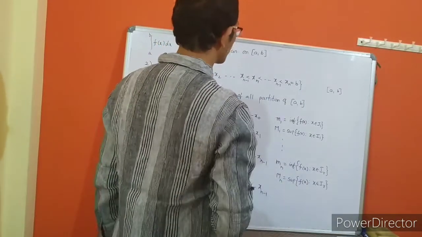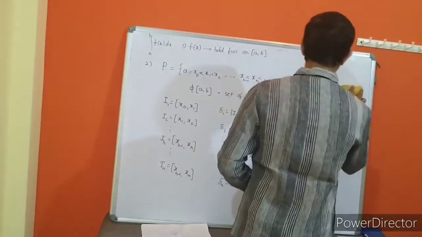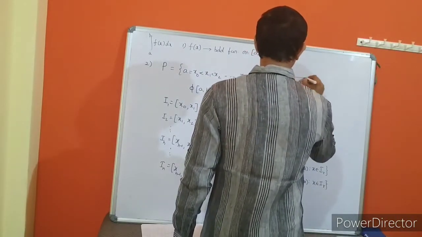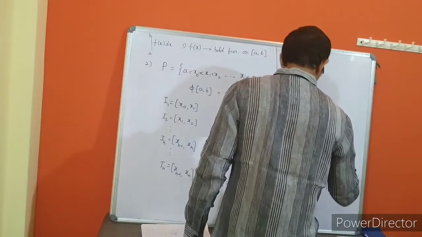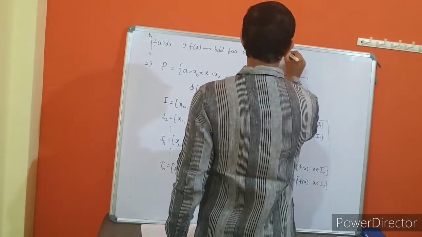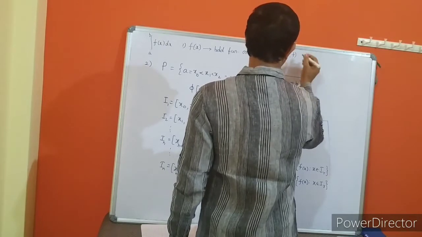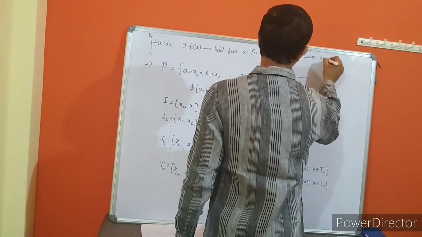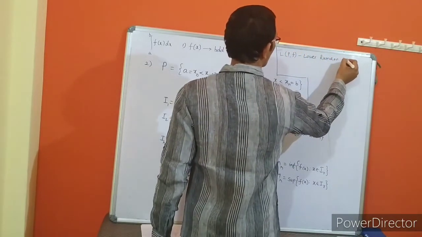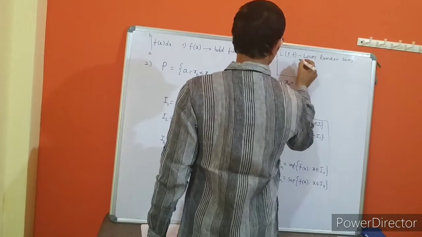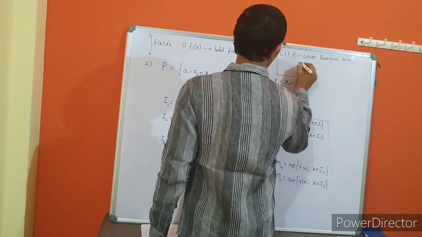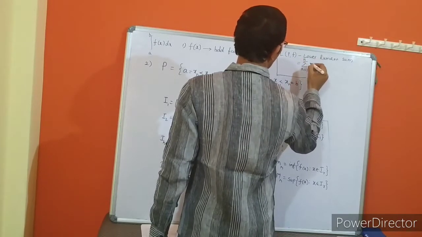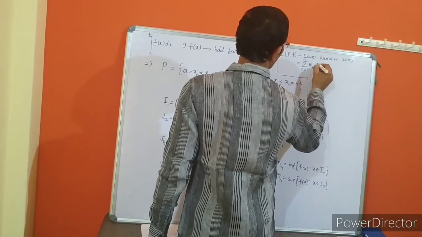After this, what we have defined is L(P,f) and U(P,f). What is L(P,f)? L(P,f) is called the lower Riemann sum, and this can be found using the formula summation r equal to 1 to n of mr delta r.